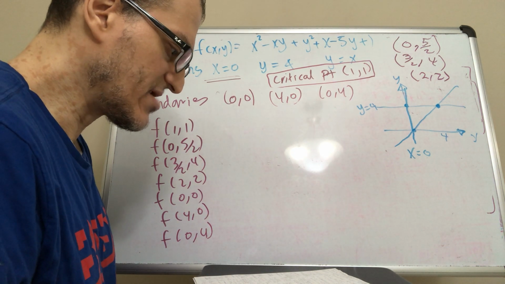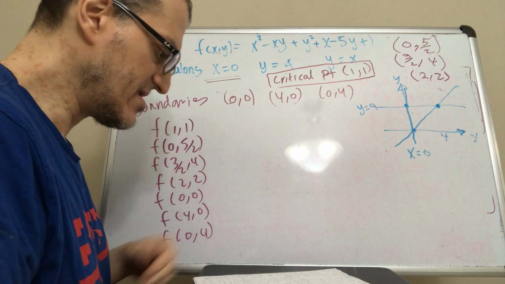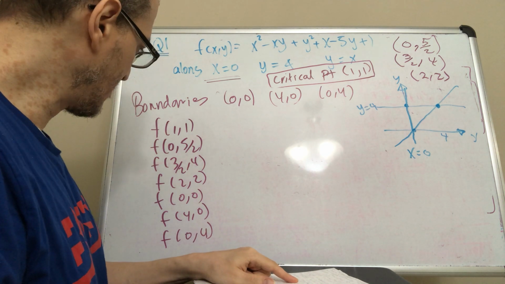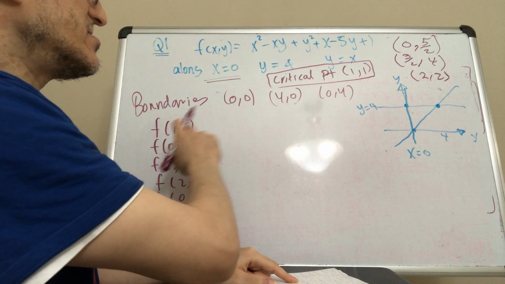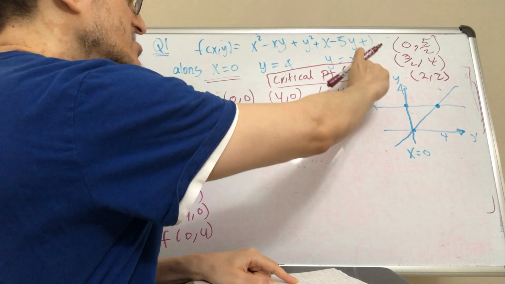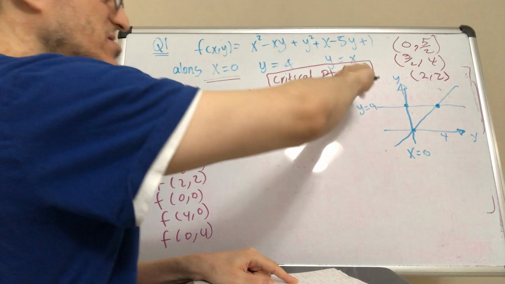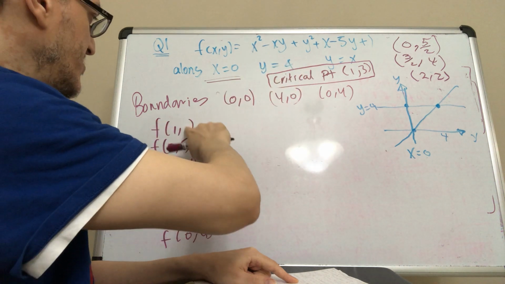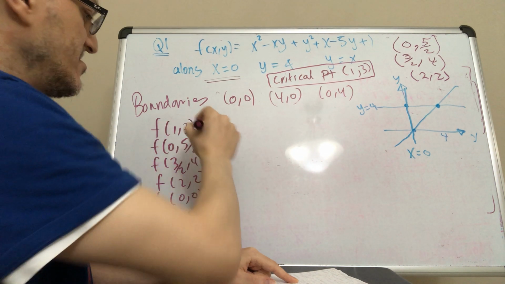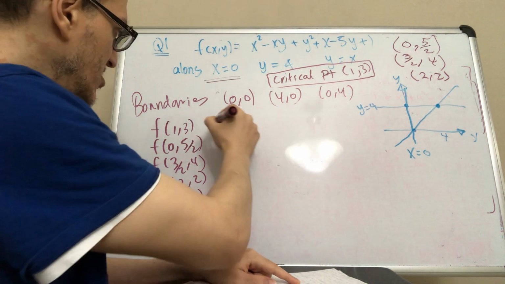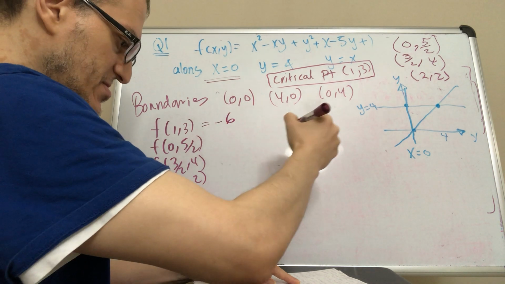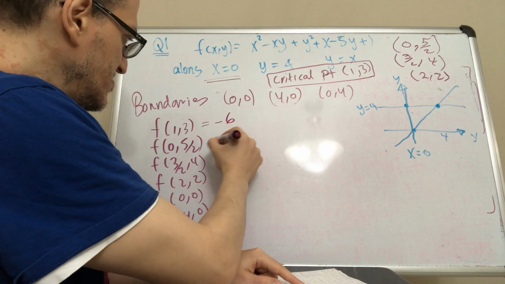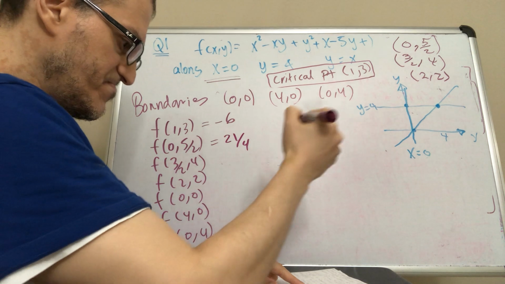So I plugged them all in, and this one is the critical, which was (1, 3). Yeah, if you go back to the video, you see that it was (1, 3). If you plug them all in, this will give you negative 6. This will give you 21 over 4.